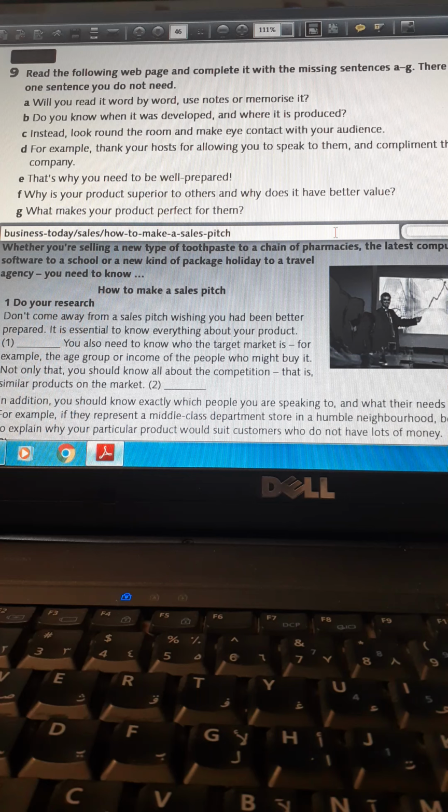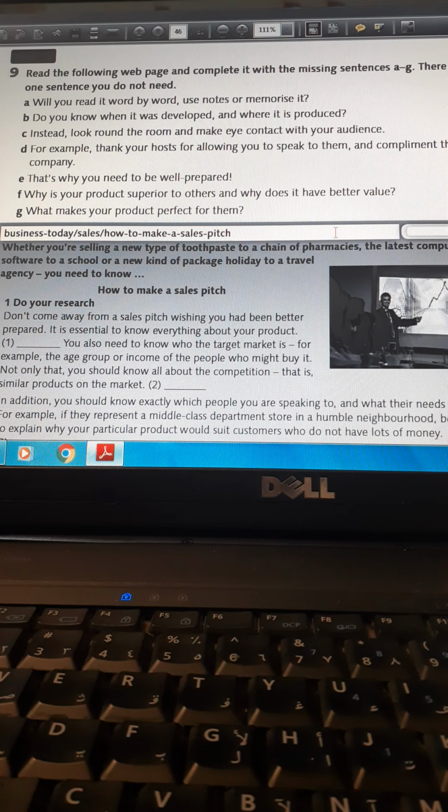Today we'll be taking the last texts in Unit 9. I would like you all to bring your activity books and open page 46. We'll be reading a web page article. It's about how to make a good sales pitch.